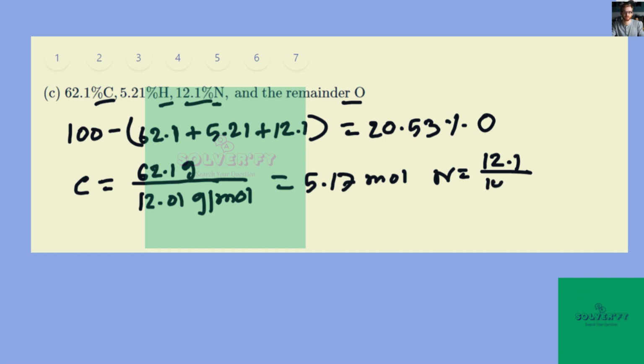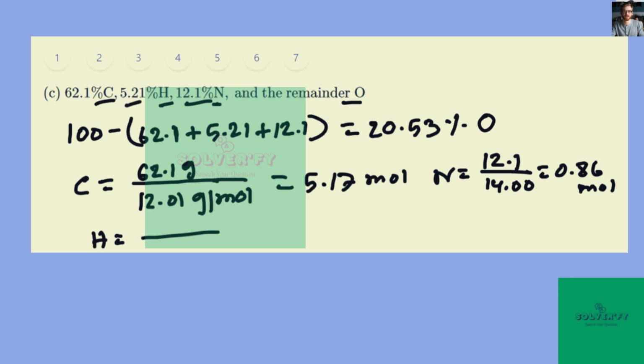Then for hydrogen, the mass is 5.21 and the molar mass is 1.008 gram per mole, and this will give us a value of 5.17 mole.